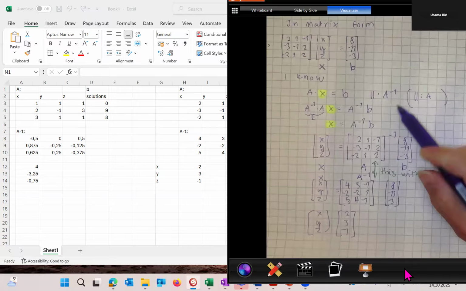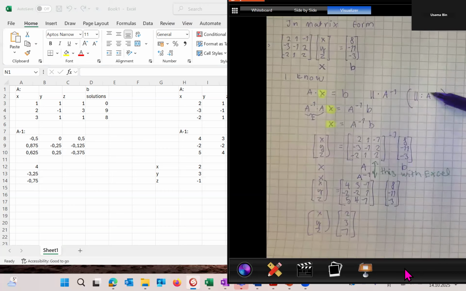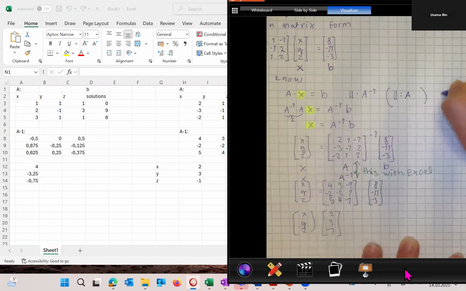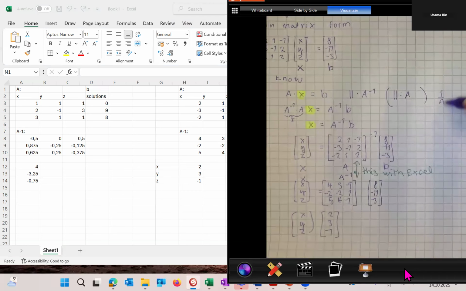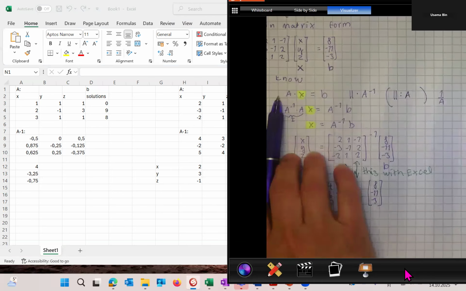But you can also solve it so that, it's exactly the same thing with normal numbers, if you divide it with A or if you multiply it with the inverse of A. Because the inverse of A in normal numbers would be 1 divided by A. So if you now multiply with 1 divided by A, you get here 1, yes?